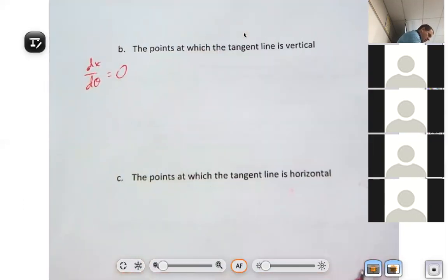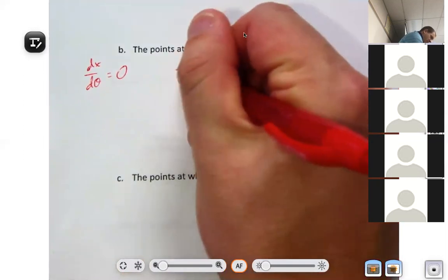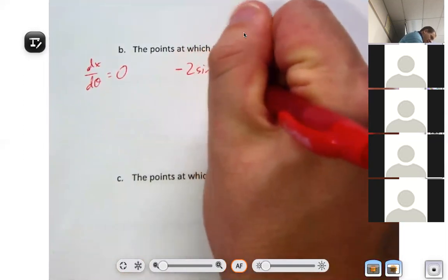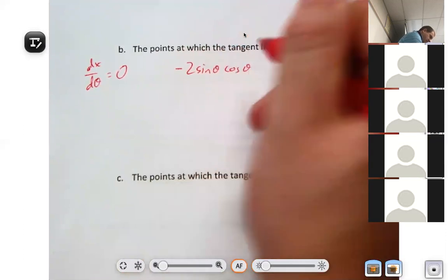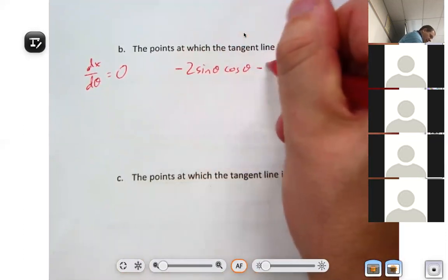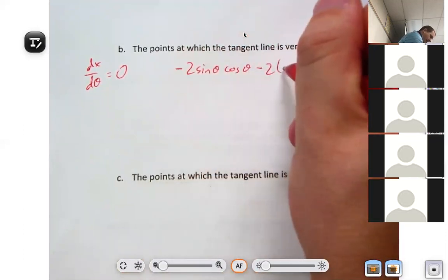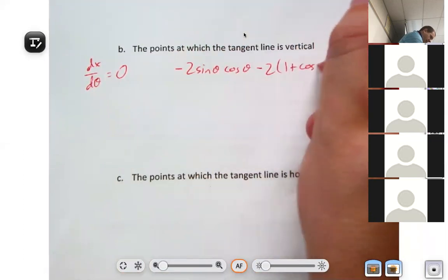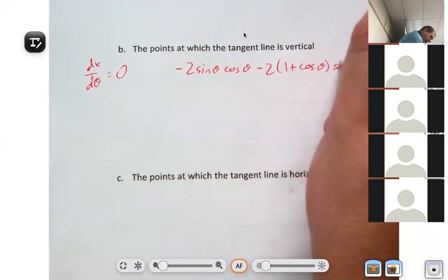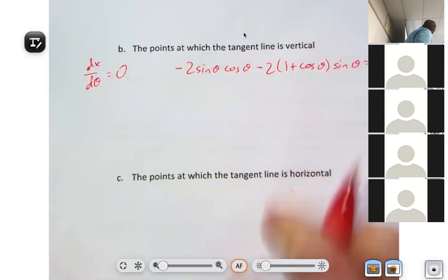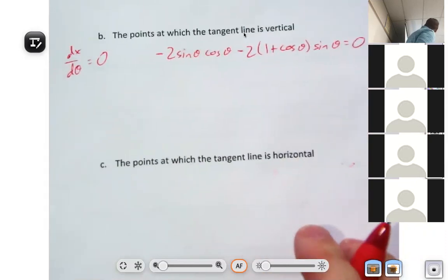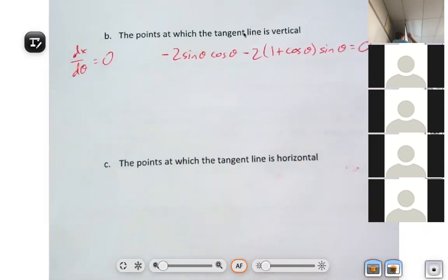So going back to the derivative, it was -2 sine theta cosine theta. We're going to see what you guys remember. All right, so I just set the denominator of that derivative equal to 0.